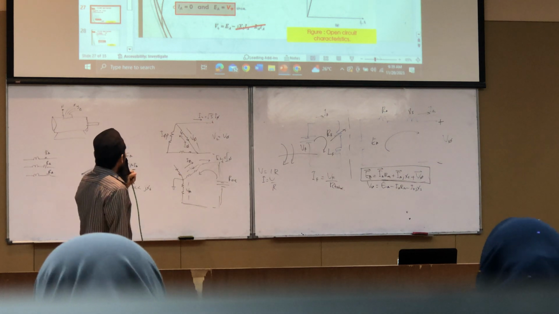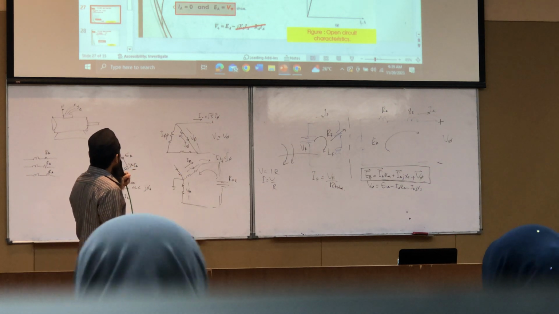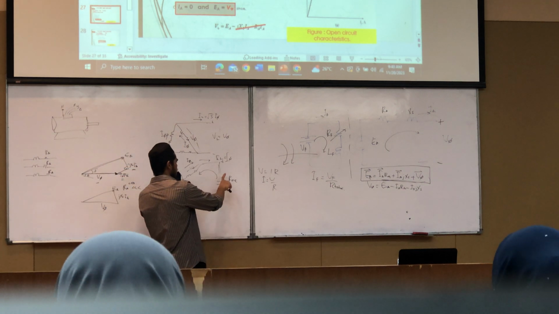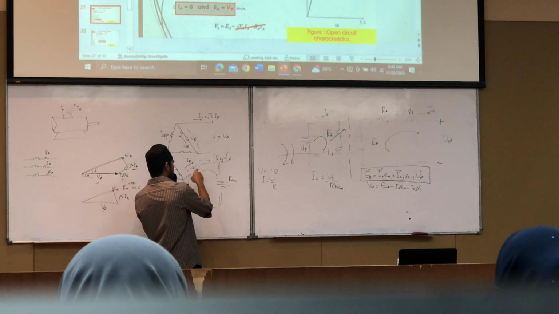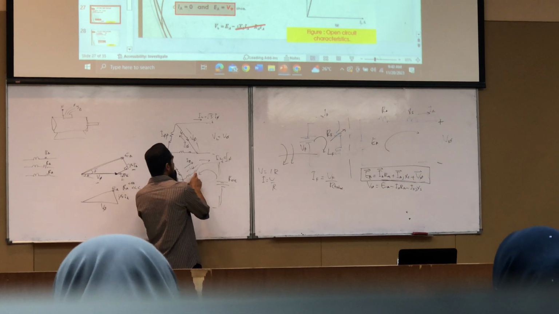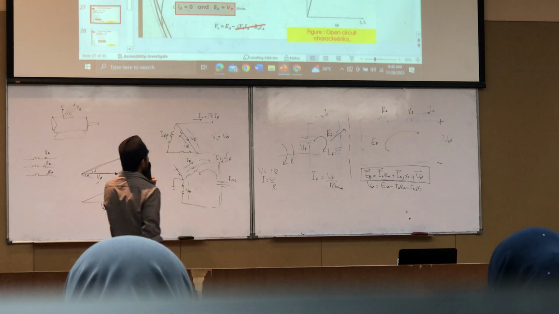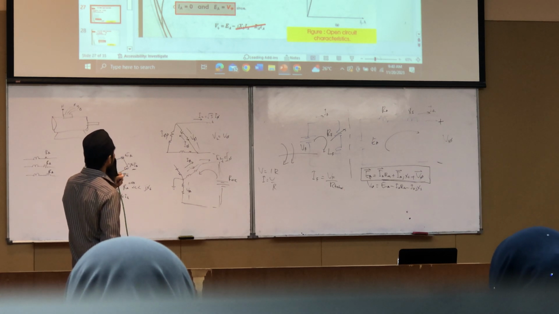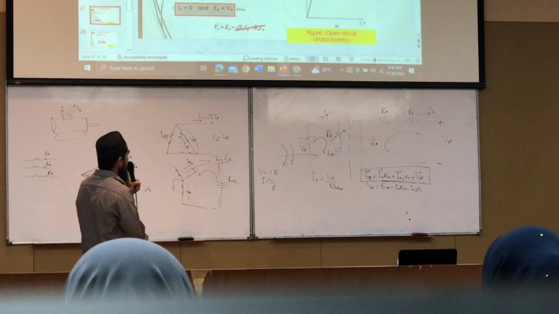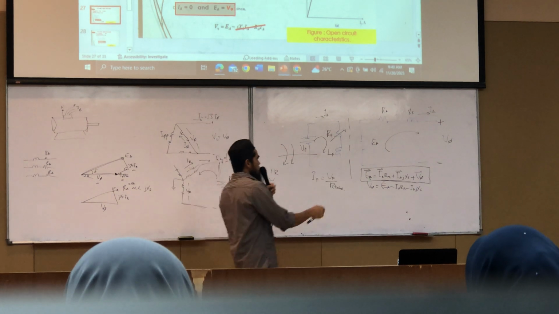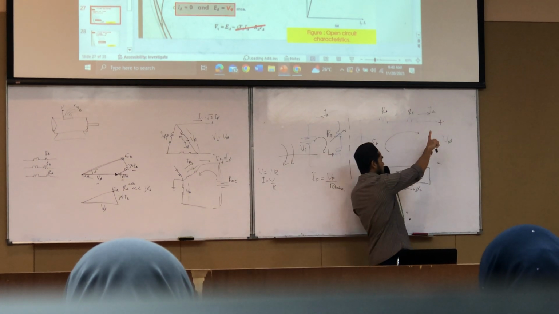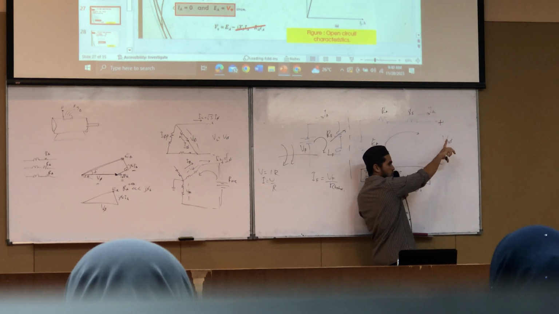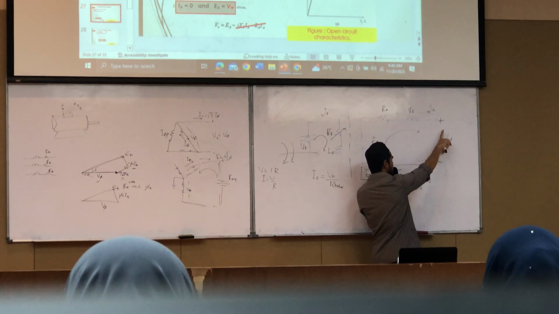Then how we perform the test is that for this task, we try to confirm how much is our value of R. Then we want to see what happens when we perform the open circuit test. Open circuit test means that we set this terminal to be disconnected or open circuit. It does not connect to any load. Open circuit lah. Output is open circuit.